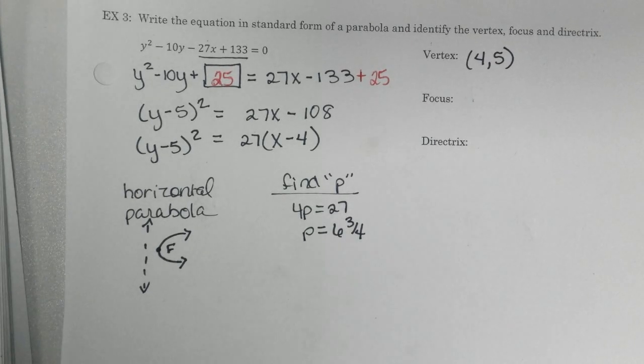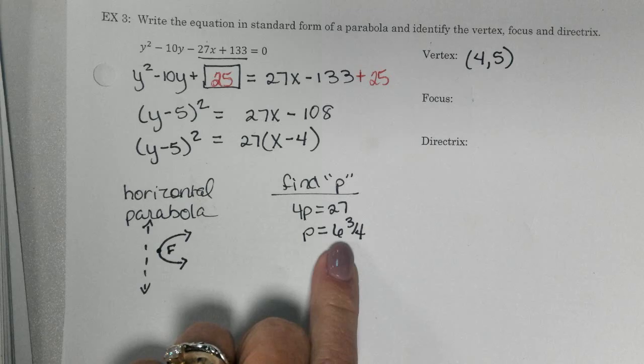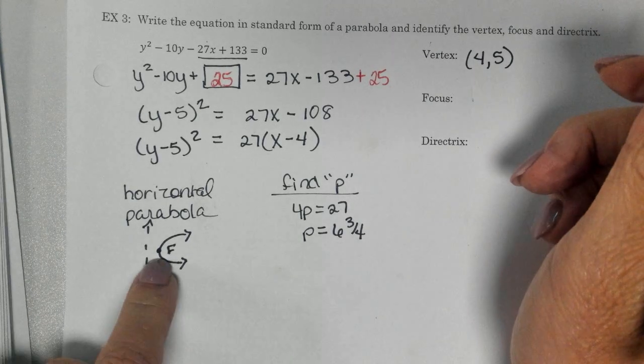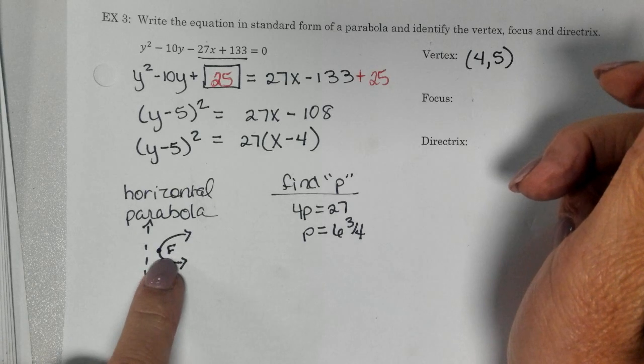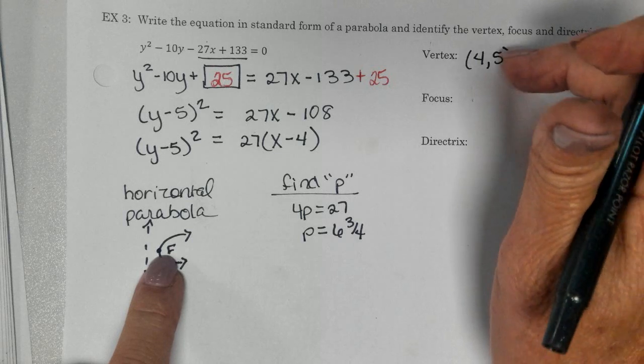Yeah, it's an ugly number here. So what we're going to be doing is moving almost 7, but not quite, in each direction. So we're going to be moving left and right to get to our focus and our directrix.